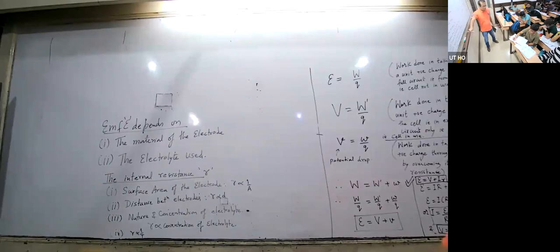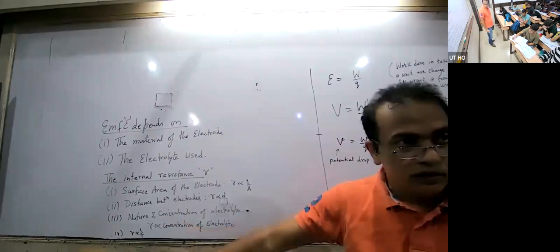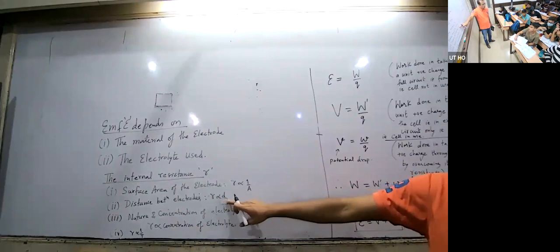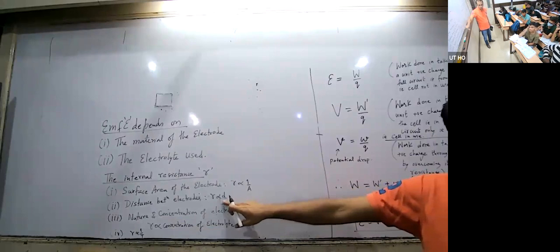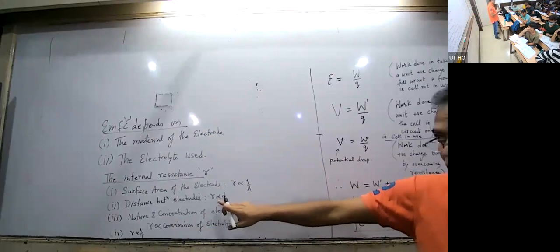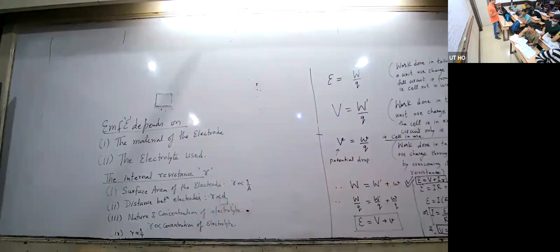Distance between electrodes. So R, the internal resistance, is directly proportional to the distance. If the distance is more, then the resistance is also more. Okay. So you read these 4 points in the book and see if it is clear: factors affecting the internal resistance of the cell.